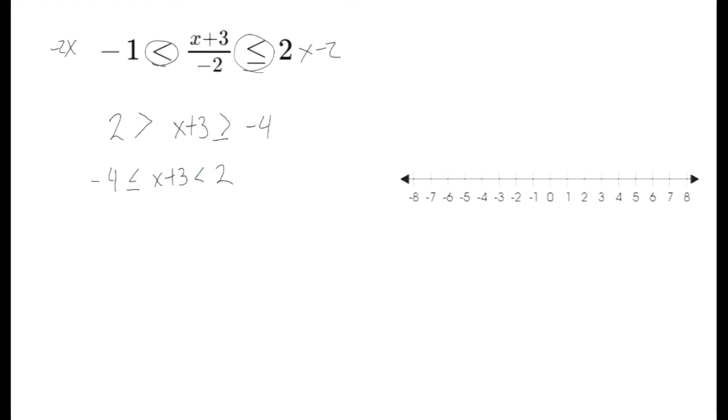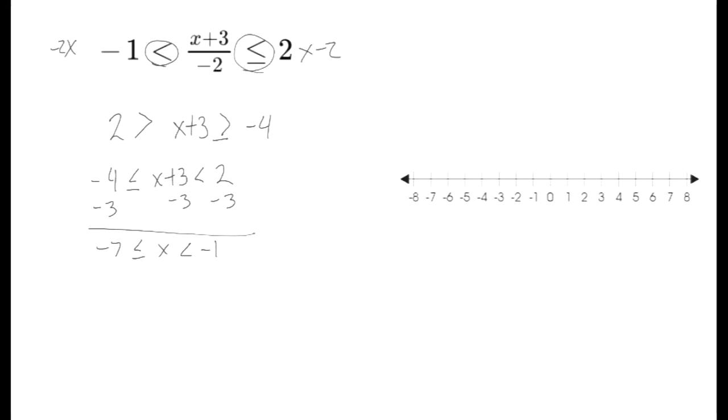You could leave it the same way, it really doesn't matter, but we're just accustomed to having it as less than, so it'll probably make a little bit more sense if you do it this way. Alright, continuing on. Now we're going to subtract 3 from both sides. So I'm going to get negative 7 is less than or equal to x is less than, let's see, 2 minus 3, that's negative 1.